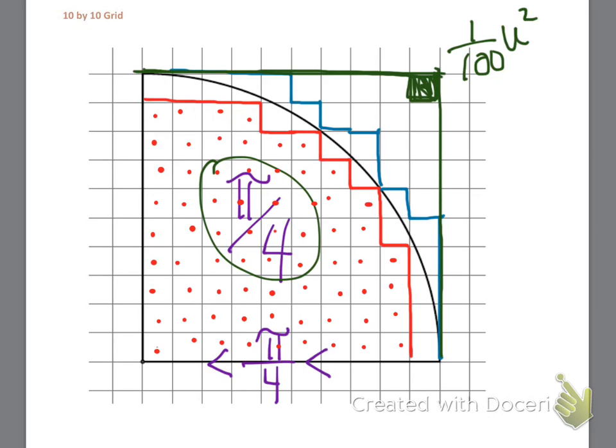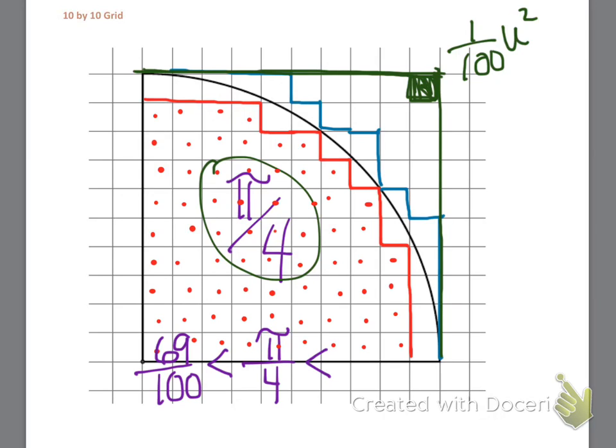69 hundredths of a unit squared, I know that number is less than pi over 4, which is the area of that unit quarter circle, right?